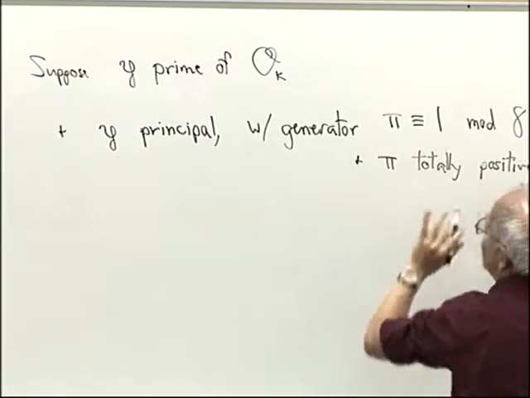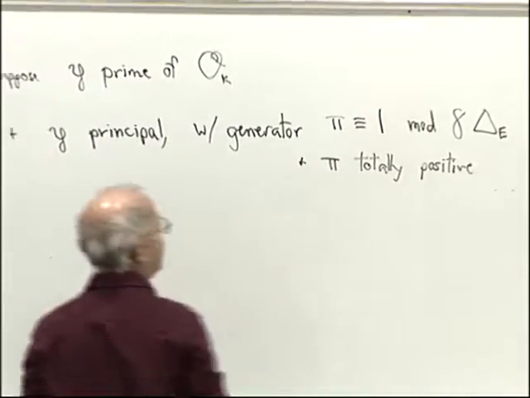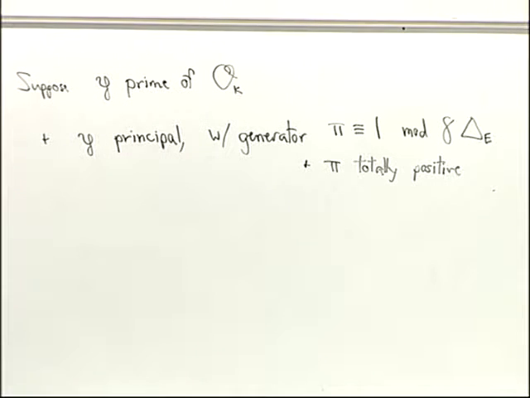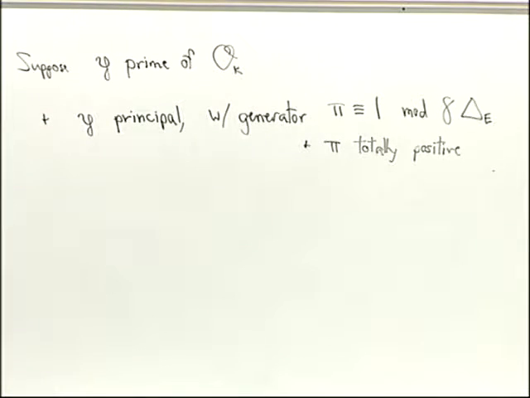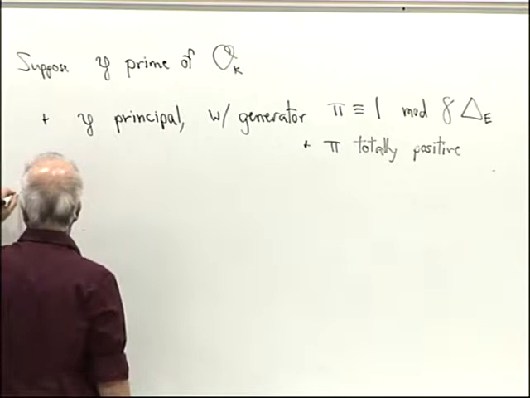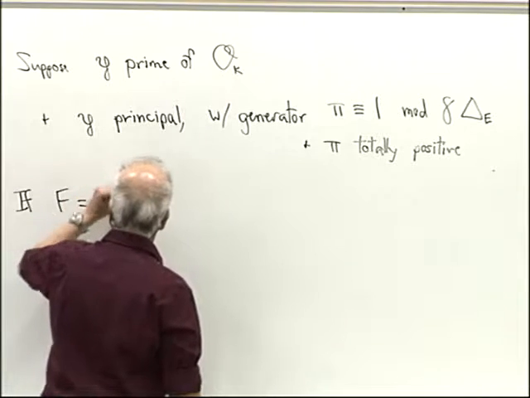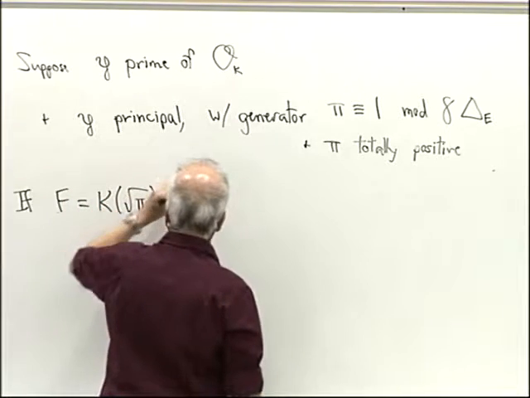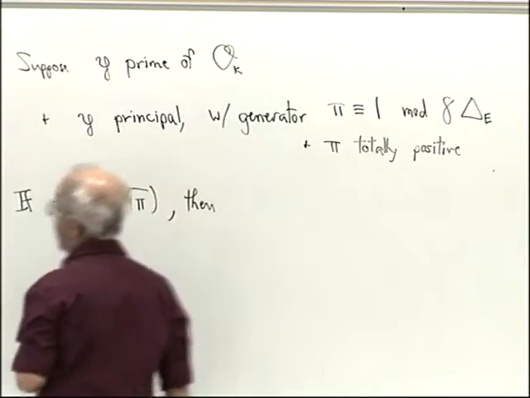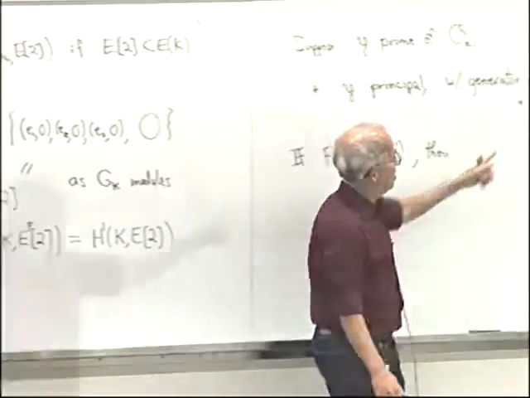So this is some subset of positive density of all the primes of K. Any sorts of conditions like this give you a subset of positive density. But the statement is that if we let F be the quadratic extension K(square root of pi), then the only condition that's going to change is the condition at pi.